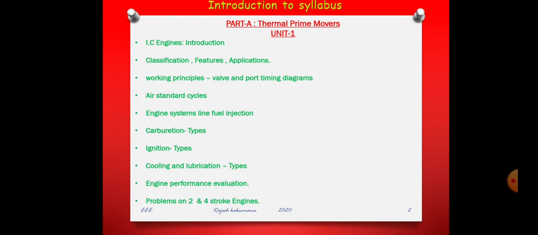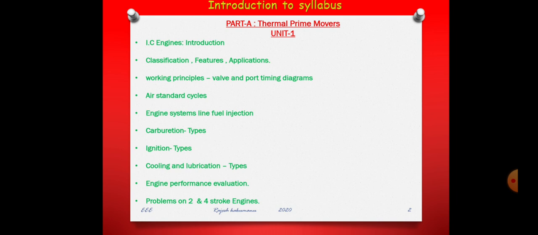It depends upon the cc, cubic centimeter. Here the engine performance can be determined based upon the engine configuration and the size, the cubic centimeter. By engine performance we mean the thermal efficiency, the brake efficiency, the mechanical efficiency.